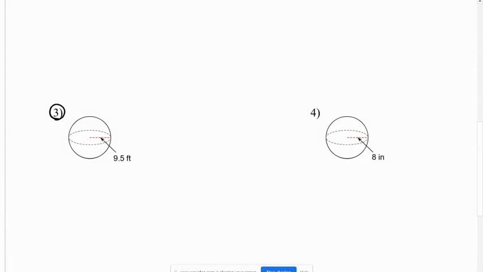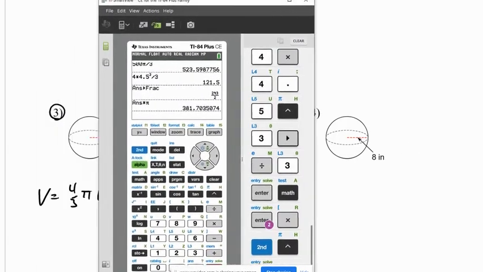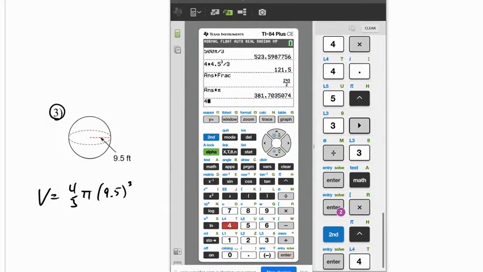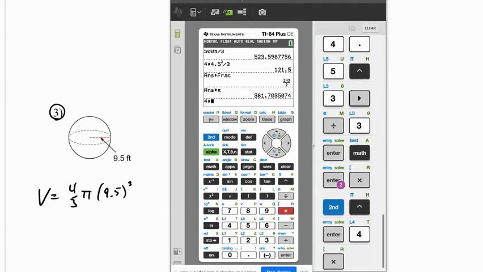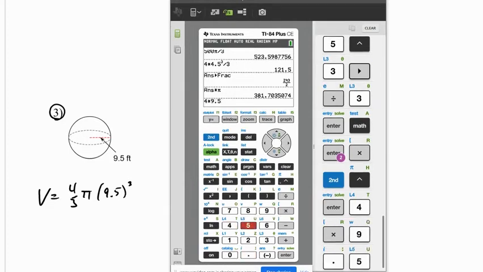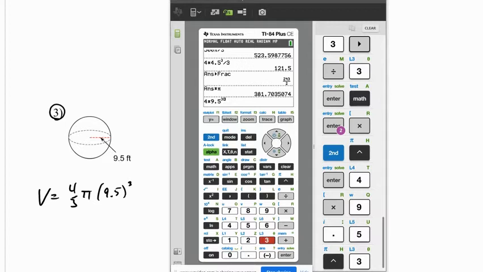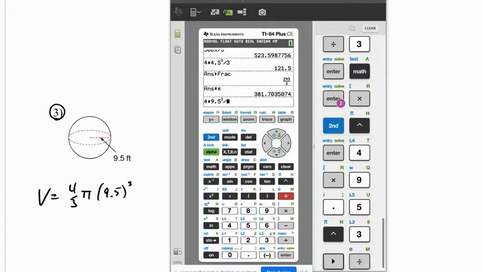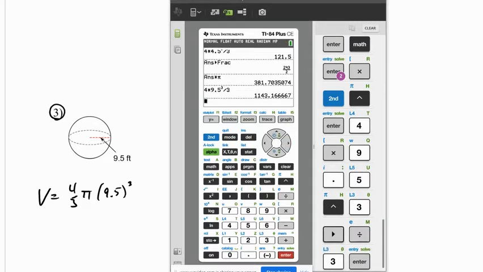In example 3, our radius is 9.5. So volume will be 4/3 pi times 9.5 cubed. Four times 9.5 to the third power divided by 3. And then we'll go math frac.